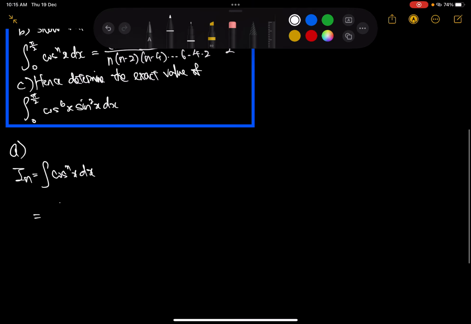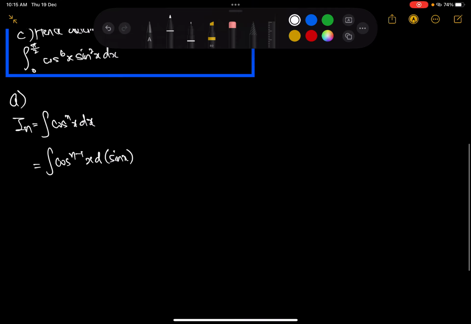We have cosine n minus 1 x d of sine x, which means we have, okay, let's write the other way around. Cosine n minus 1 x sine of x minus the integral of sine of x d cosine n minus 1 of x.